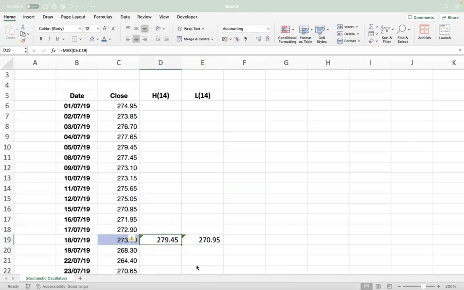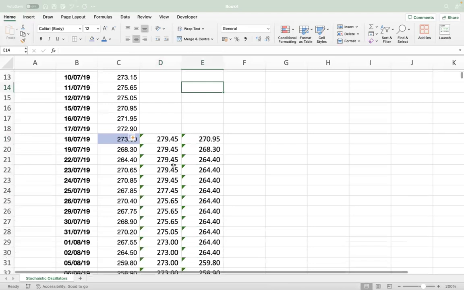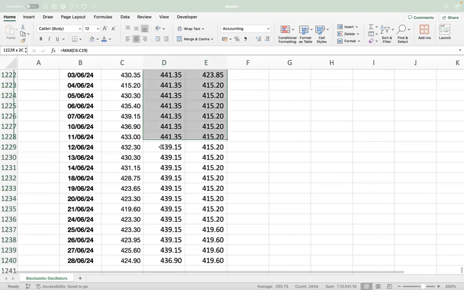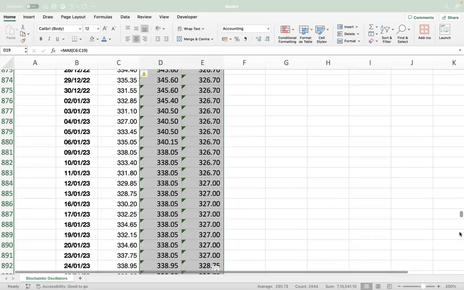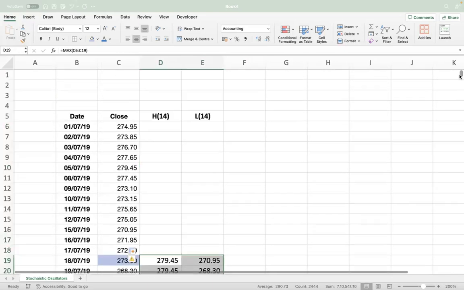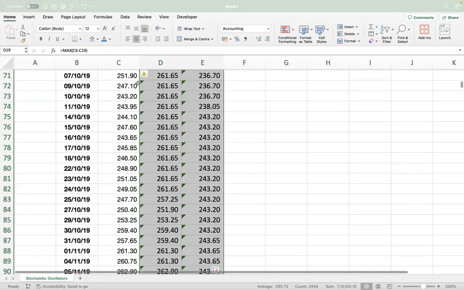And this obviously can drag along. So I can just double click and you will get repeated, or rather moving, values of the previous 14-day high and low.